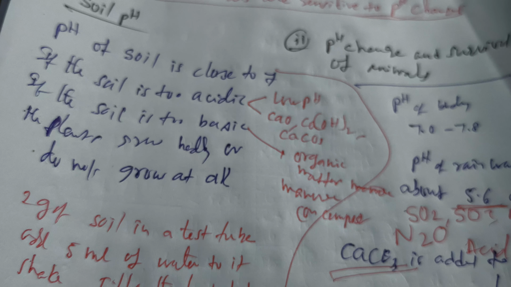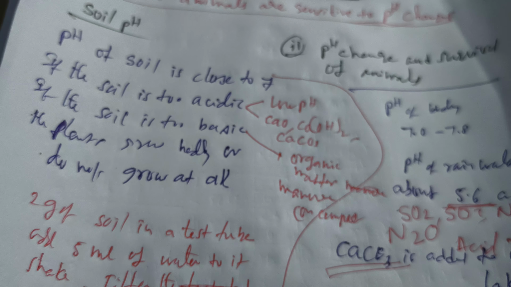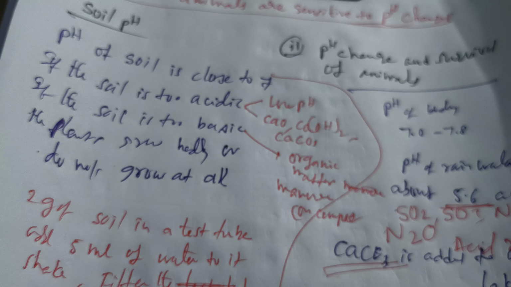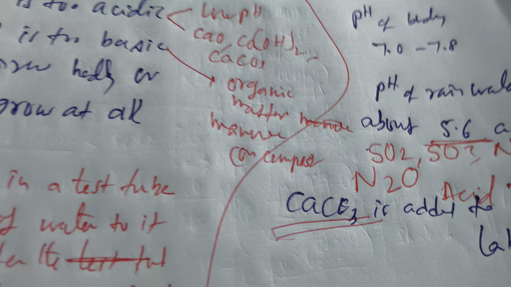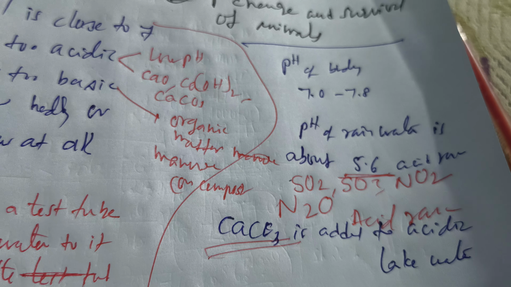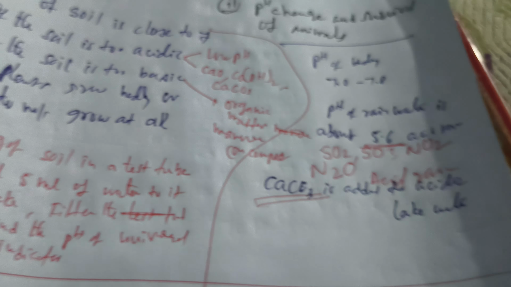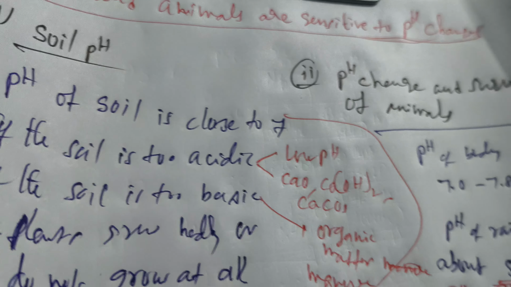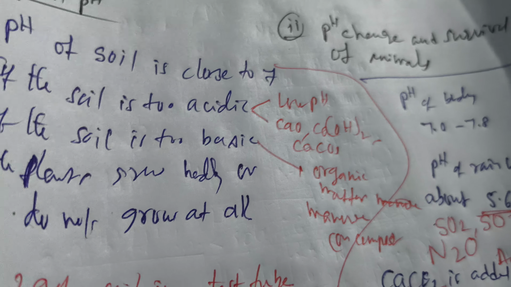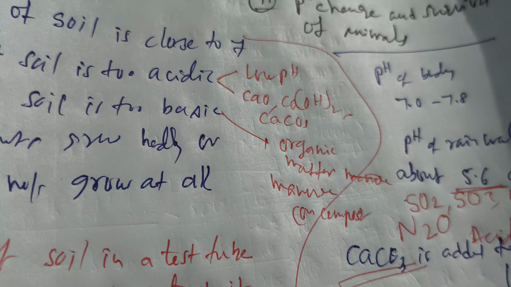Whether the soil has basic or acidic nature, it affects the growth of plants and crops. In case of rainwater, aquatic animals find it very difficult to survive. So pH of soil and pH of water disturb the growth of plants and survival of aquatic animals.